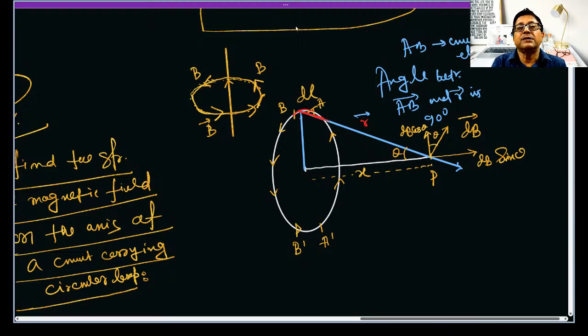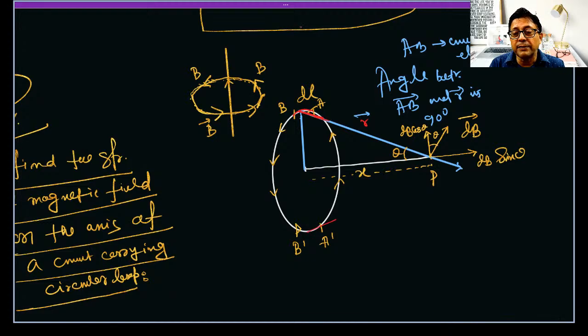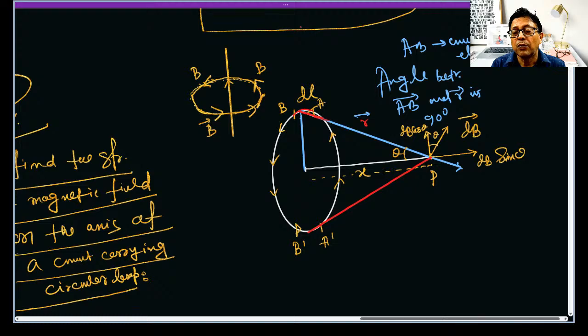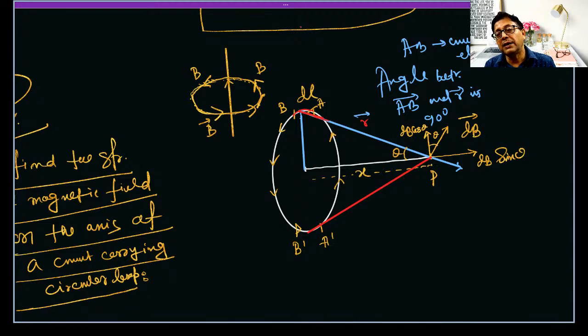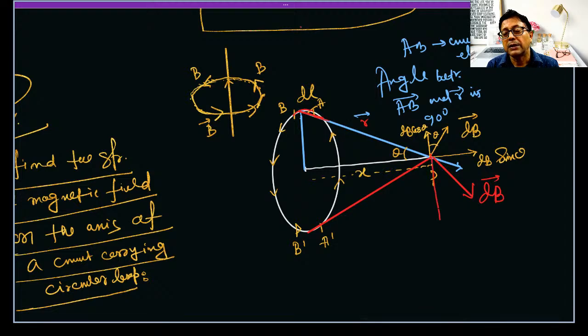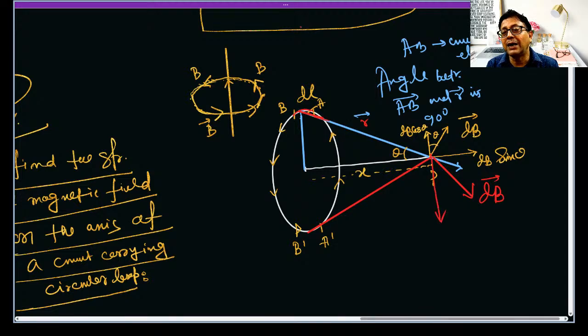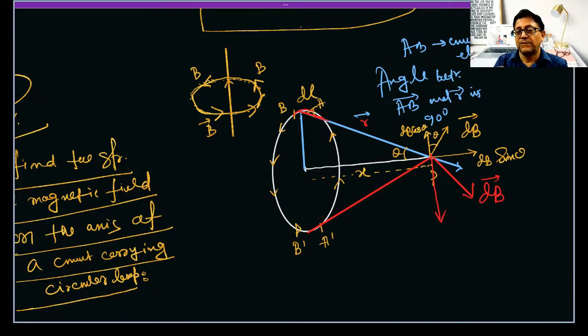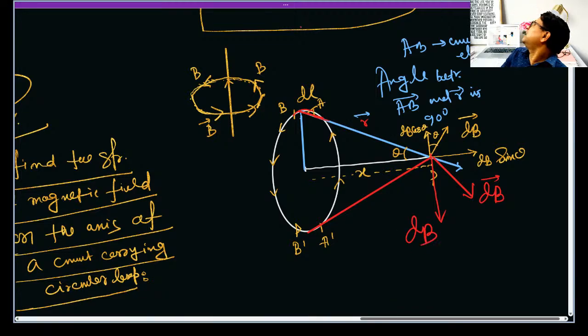Can you tell me what happens due to the symmetrically opposite current element? Again in the same manner, the dB vector will be directed this way. It has two components, one adding dB sin theta and the other dB cos theta. So these two components get cancelled. All the current elements contribute the dB sin theta part only.